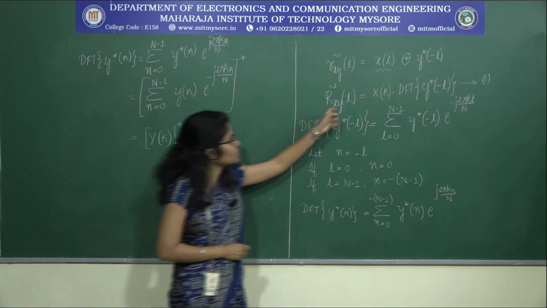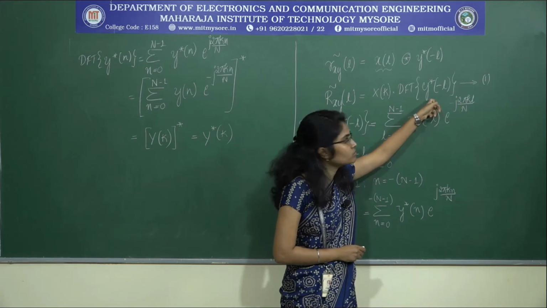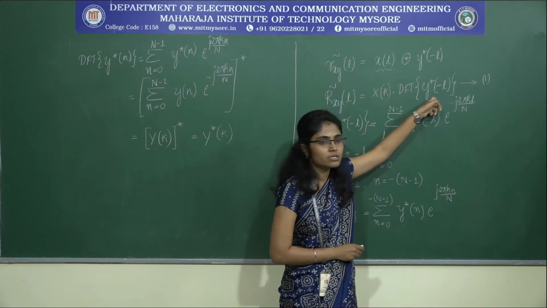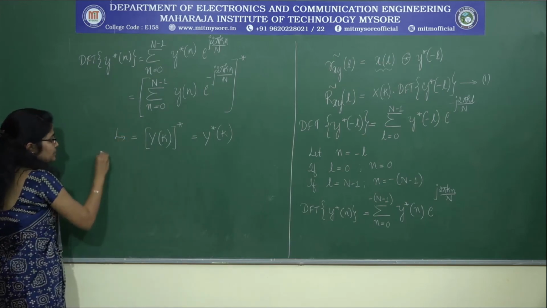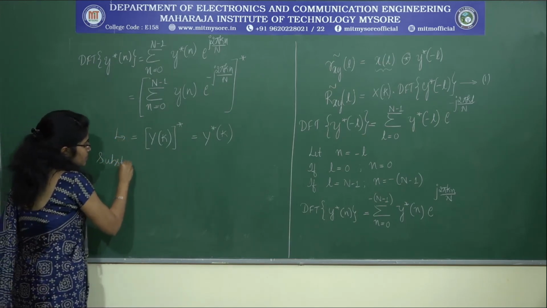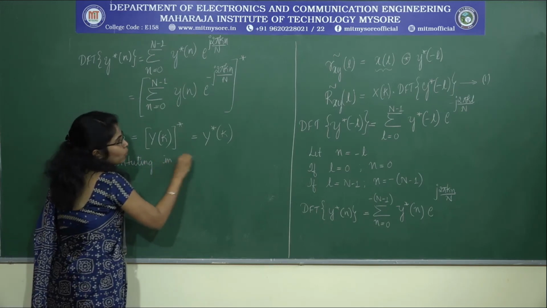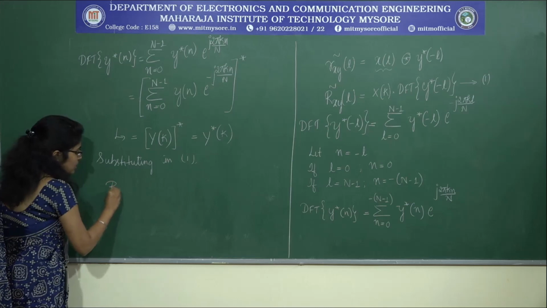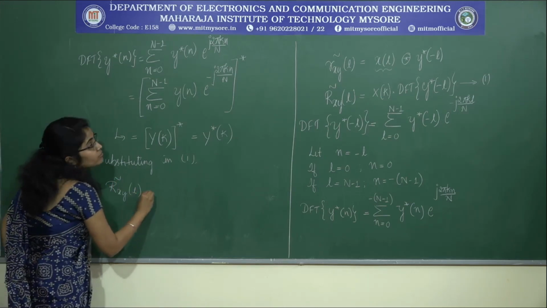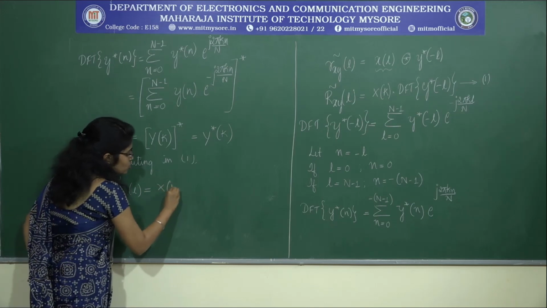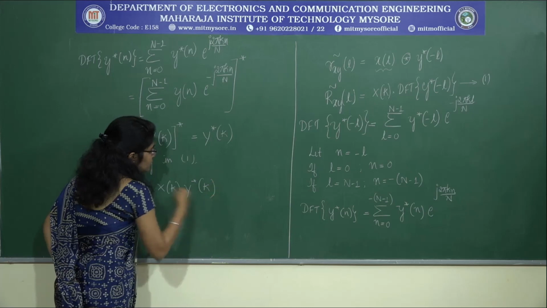Now, in equation 1, I did not know the DFT for this. Now, we found out the DFT. So, let us substitute the same thing here. So, substituting in equation 1, Rxy of L tilde will be equal to x of k into y conjugate of k.